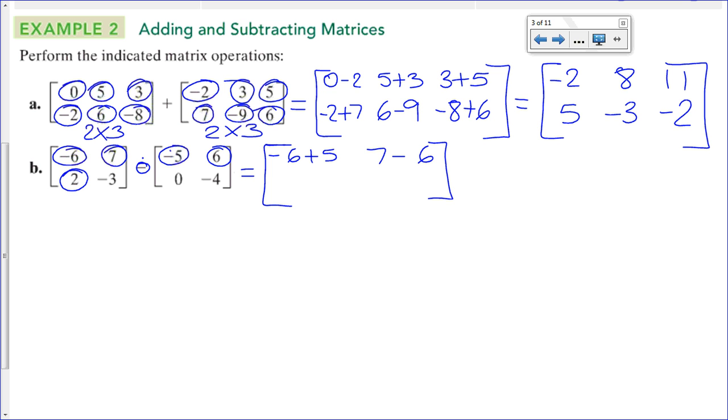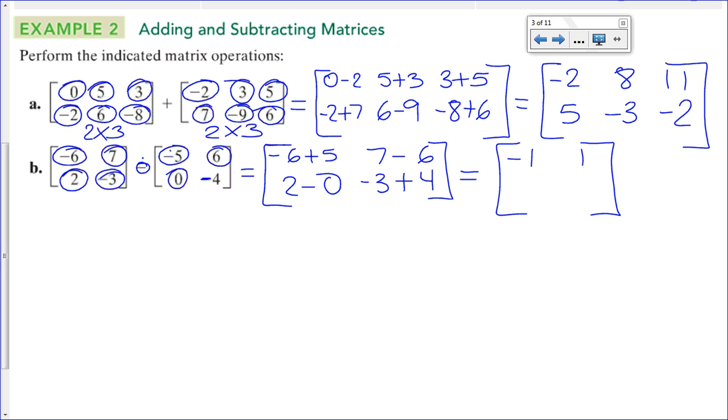Next, 2 minus 0. And lastly, -3 plus 4. Why is it plus 4? Because we have negative times a negative. So the difference between those two matrices will be -1, 1, 2, and 1.